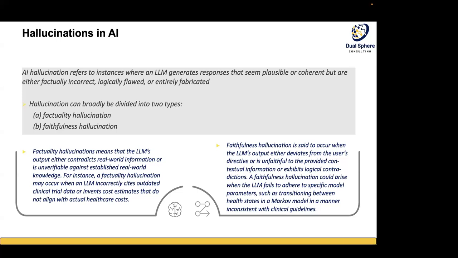Faithfulness: when the LLM's output either deviates from the user's directive or is unfaithful to the provided contextual information or exhibits logical contradiction. It can arise when LLMs fail to adhere to specific model parameters, for example, transitioning between health states in a Markov model in a manner which is inconsistent with clinical guidelines.